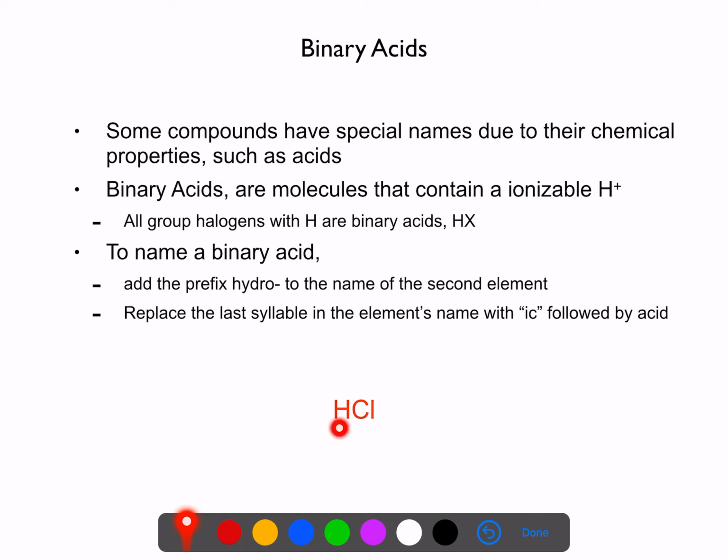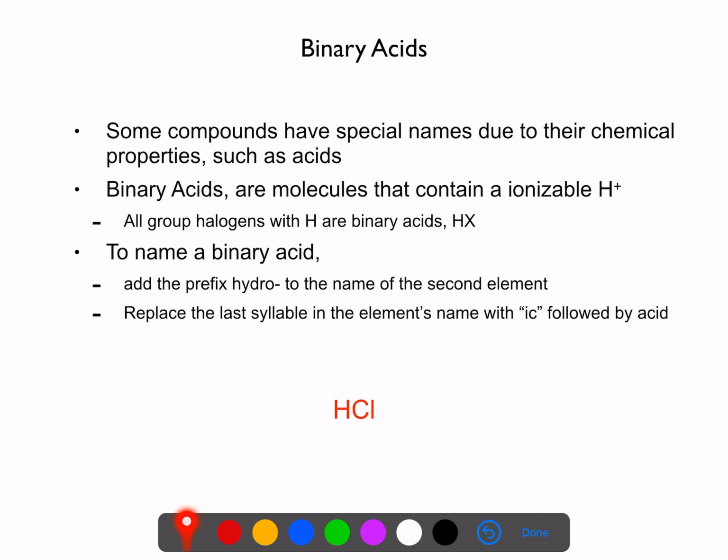So hydrogen with our group 17 elements, we're going to name them slightly different, and we're going to name those by adding the prefix hydro, and then we're going to add the name of the element, but instead of adding "ide" at the end, we're going to add "ic."